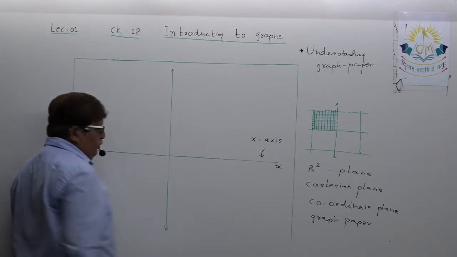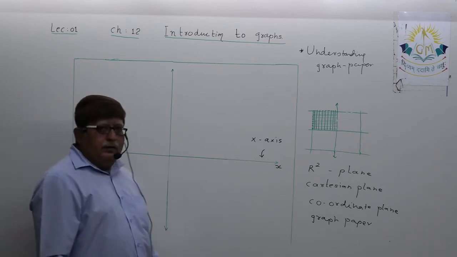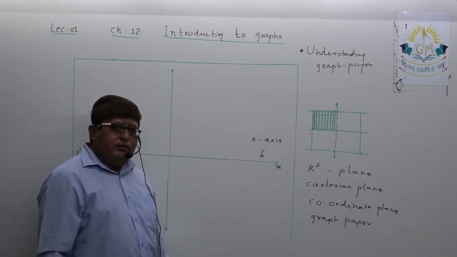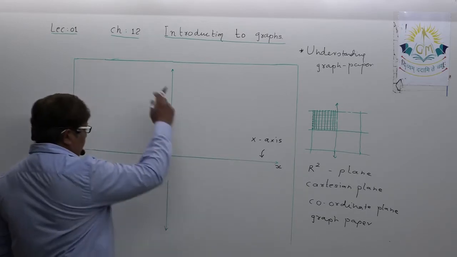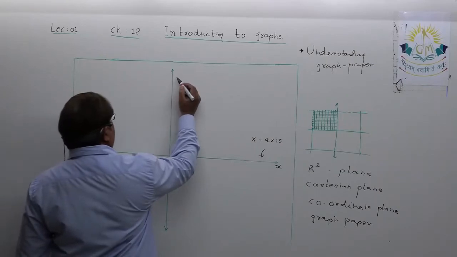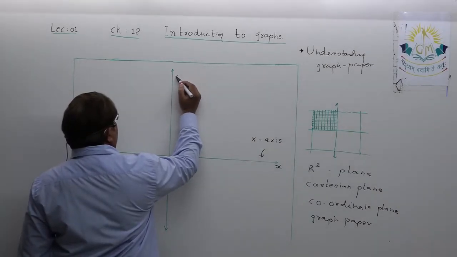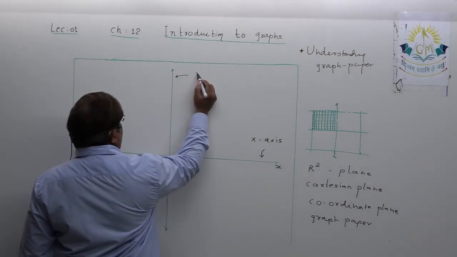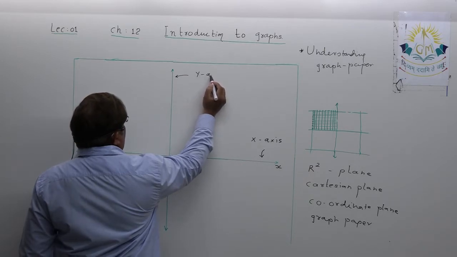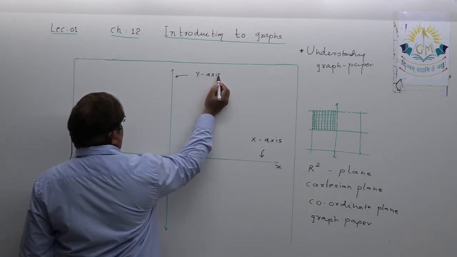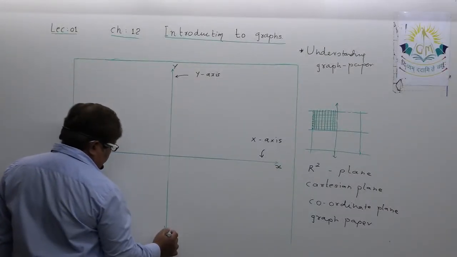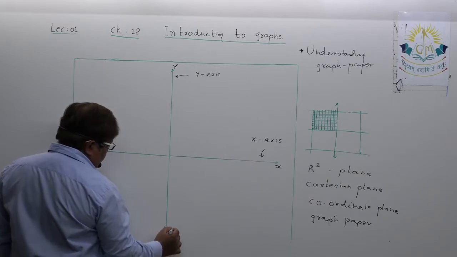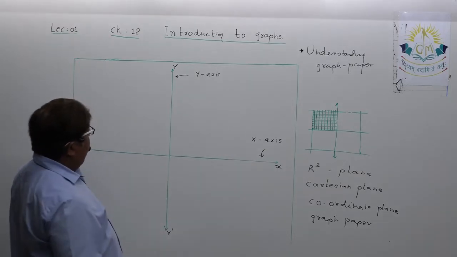This horizontal line is known as x-axis. The vertical line which I have drawn here, understand, is known as y-axis. Here, if I want to name this line, it can be called y dash.